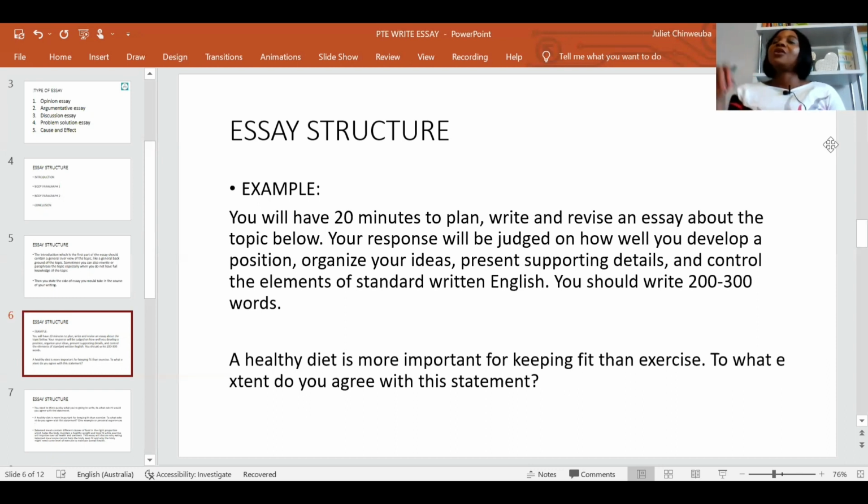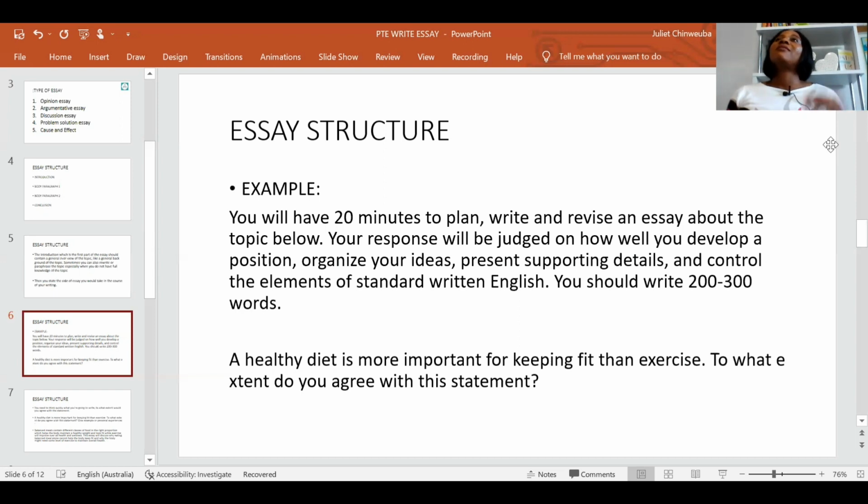While you type, you would see the word count begin to rise. So if you write, this essay will support, this is one word, essay is another word, will is another word, support is another. We've written 4 words. That's what the word count is like in the Pearson Test of English writing. So you have to write like that till you get to 200 or 300 words, which is not something difficult.